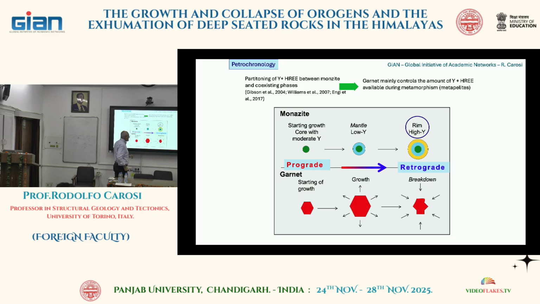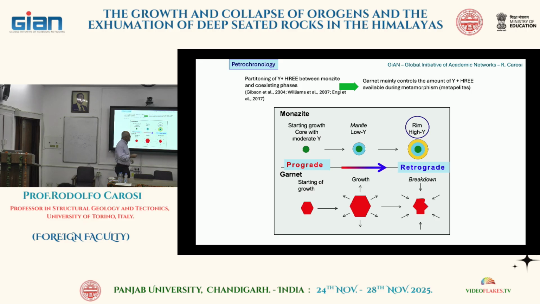During the retrograde path, during breakdown of garnet or some other things, yttrium is released in the rock and is captured by the contemporaneous monazite. So a good monazite could show a core depleted in yttrium and a rim enriched in yttrium. This part is related to prograde metamorphism, this one to the retrograde path.